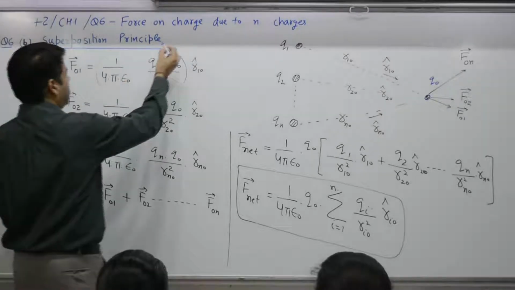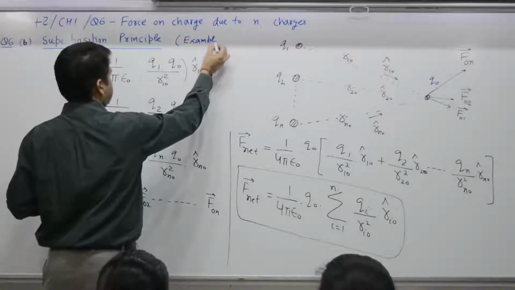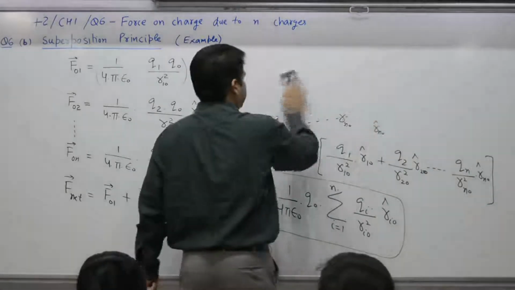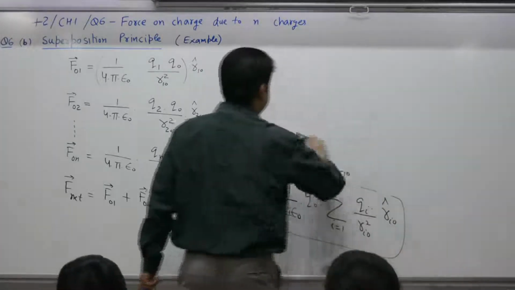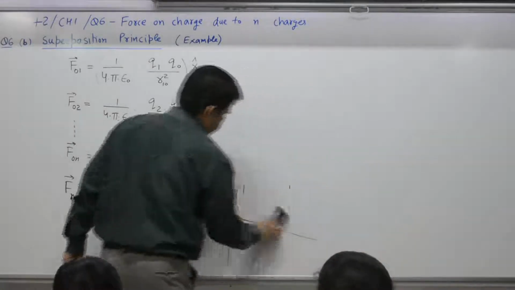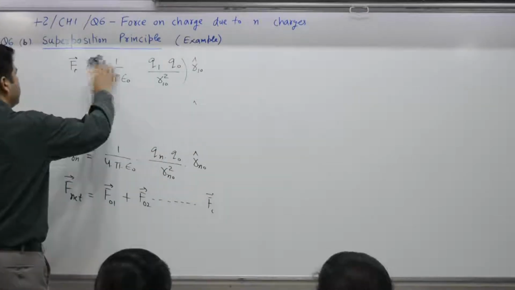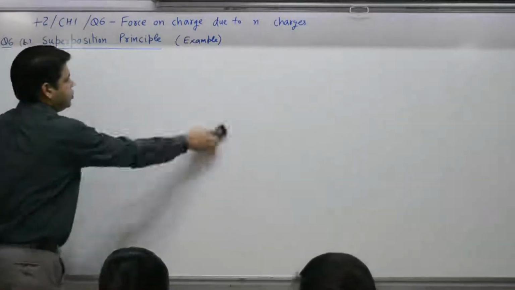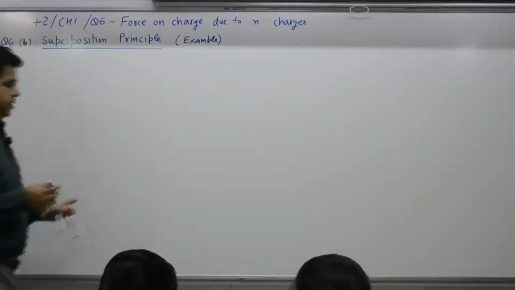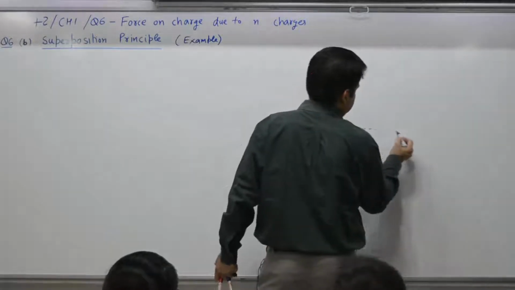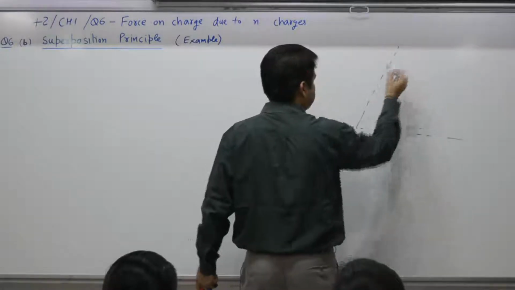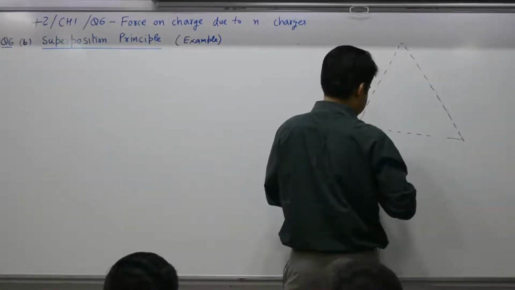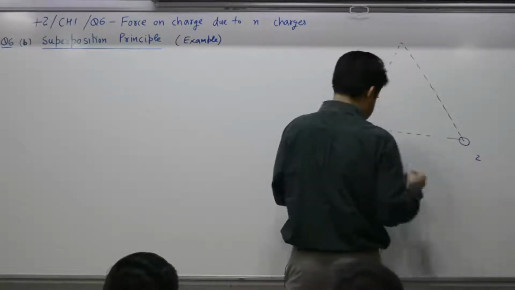Part B is an example. The question is, there are 3 charges, Q1, Q2, Q3, of the same magnitude, that means charge Q. Charge 1, charge 2, charge 3.